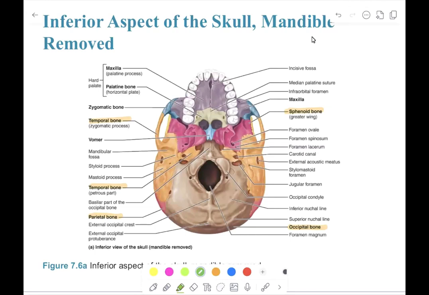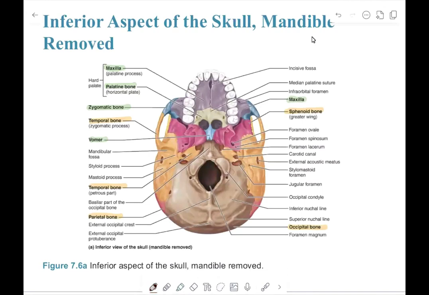For the facial bones, we can see the maxilla, the palatine bone, zygomatic bone, vomer, and then the maxilla on this side. And then some of these structures you'll be responsible for.